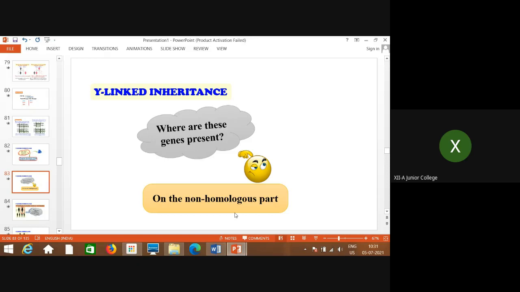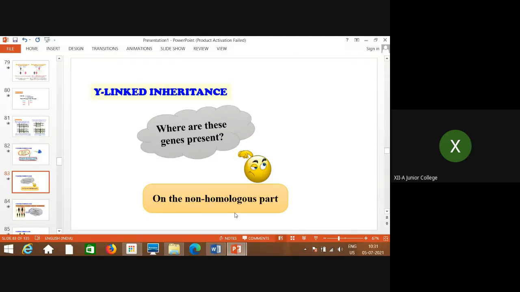When you keep that picture of the X and Y chromosome in front of you, you know that the X chromosome has the longer arms and the Y chromosome is shorter, and the part which is morphologically similar is considered to be the homologous part in both X and Y. Whereas the part which is not morphologically similar is considered to be the non-homologous part.